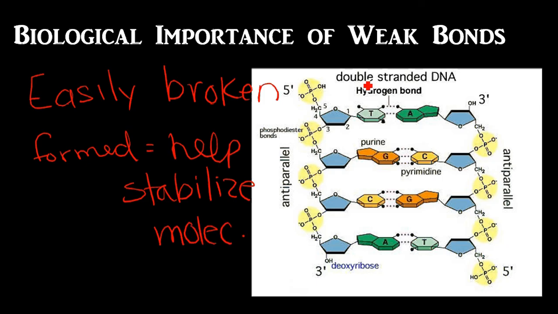An example being DNA. The two sides are held together by hydrogen bonds. Those bonds have to be strong, otherwise DNA will quickly unravel. However, they have to be weak enough that they can be broken when DNA replication occurs or protein synthesis when RNA has to make a copy.